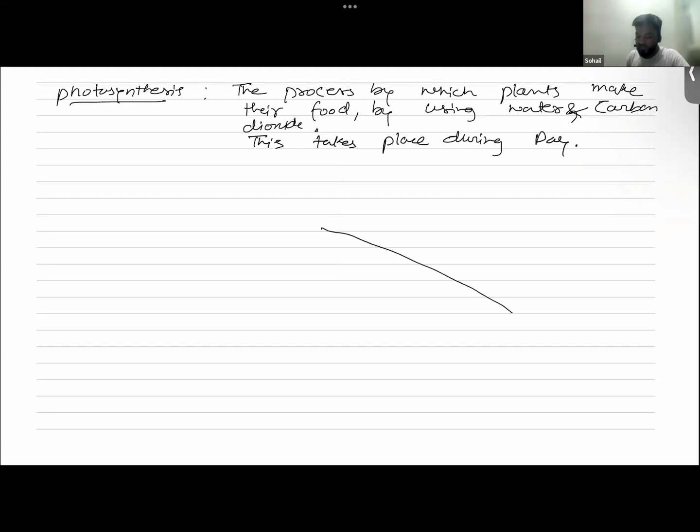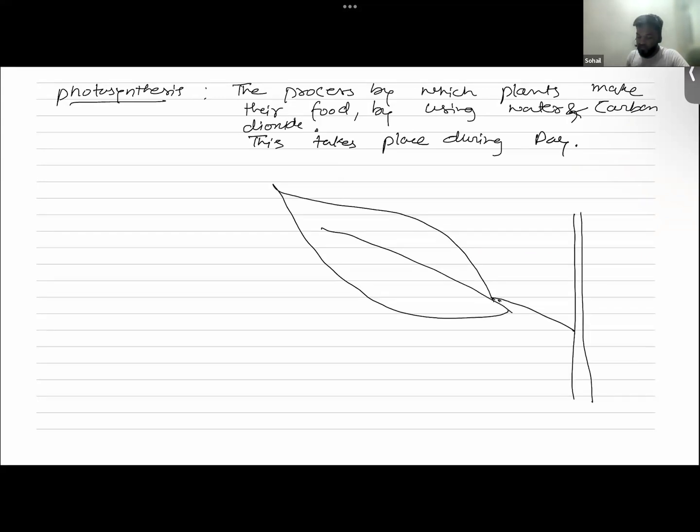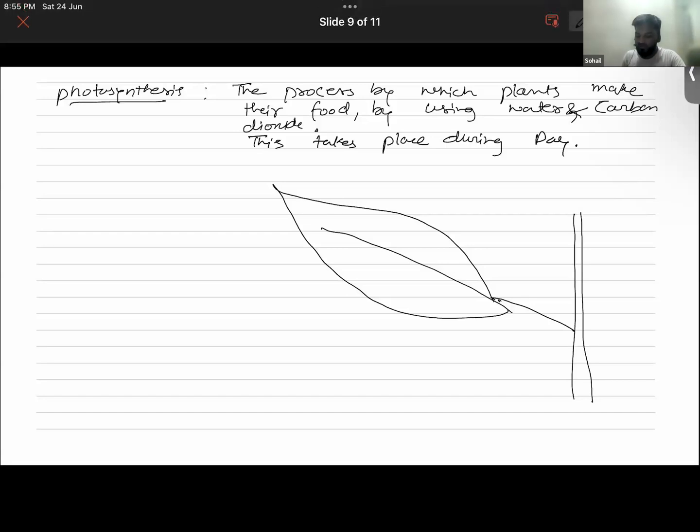Let's say this is the leaf of a plant. Now during daytime, this leaf will take in carbon dioxide from the atmosphere. This will take water from its root.